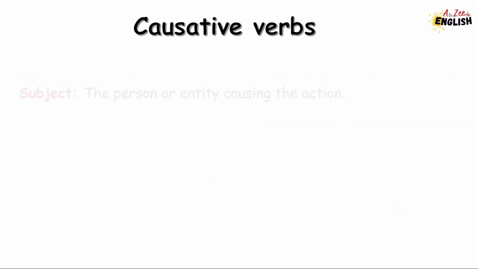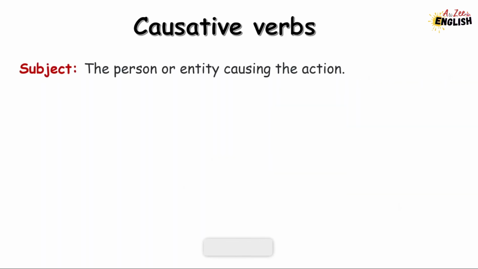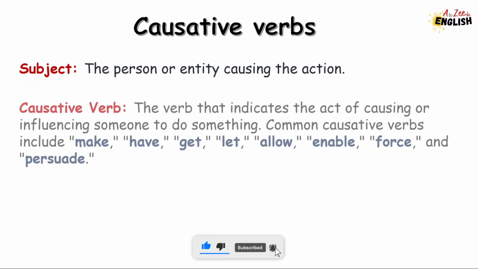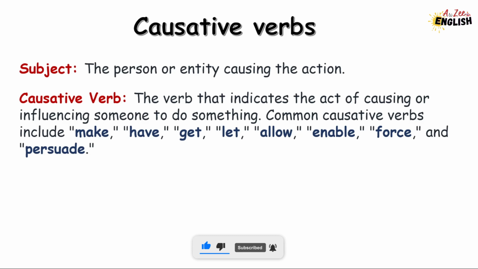In causative verbs, the subject is the person or entity causing the action, and the causative verb is the verb that indicates the act of causing or influencing someone to do something. Common causative verbs include make, have, get, let, allow, enable, force, and persuade.